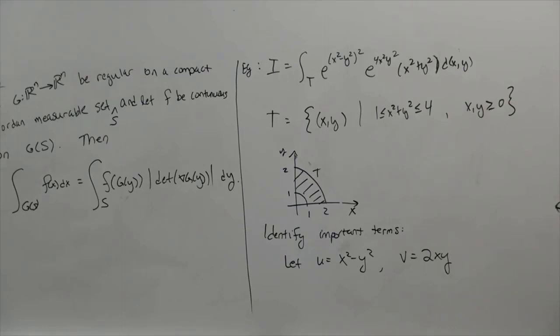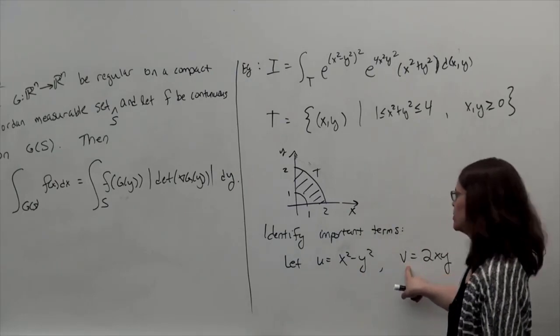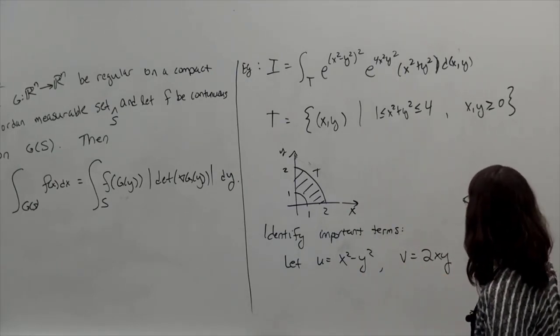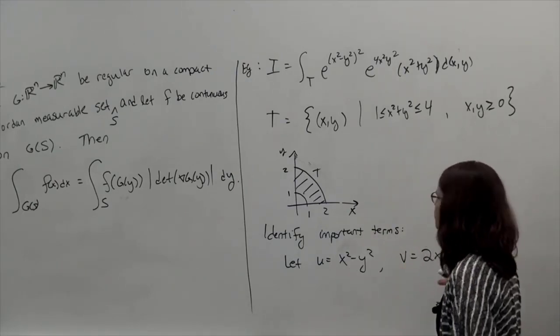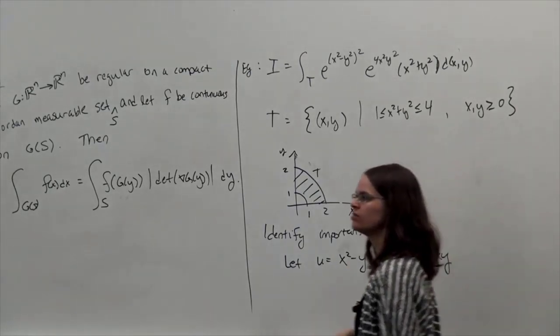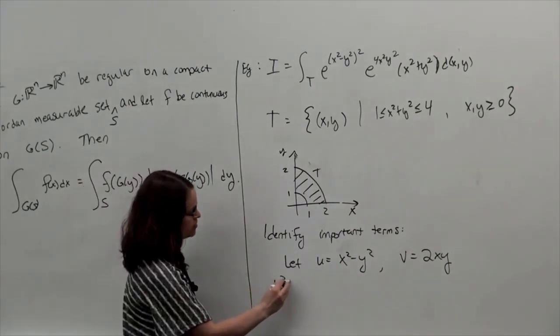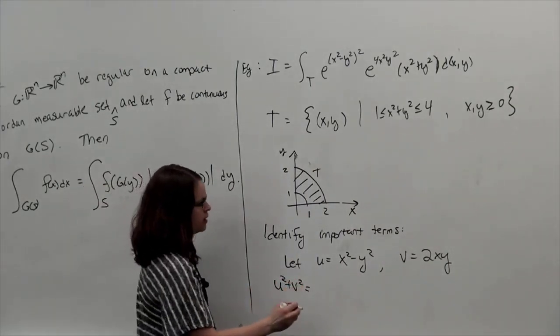Let's see. So one thing that I might try to do is add the squares of these two things, which are going to be important anyways. Because I think when I add the squares of these two things, I'll be able to factor it into something that looks like this. So if I just try something like this, u squared plus v squared, what do I get?